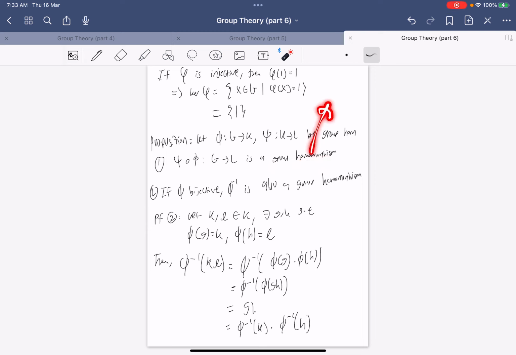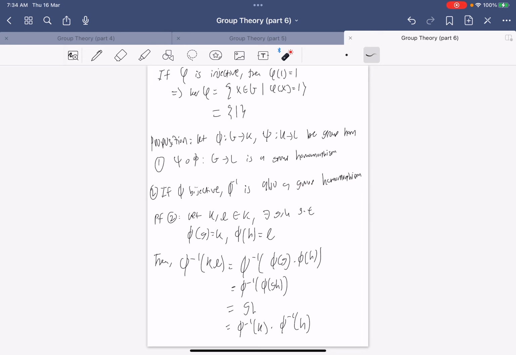And this really means that you can show that the set of automorphisms, I mean, the bijective homomorphisms from H to itself, with function composition forms a group. And if phi is bijective, then of course phi inverse is also a group homomorphism.